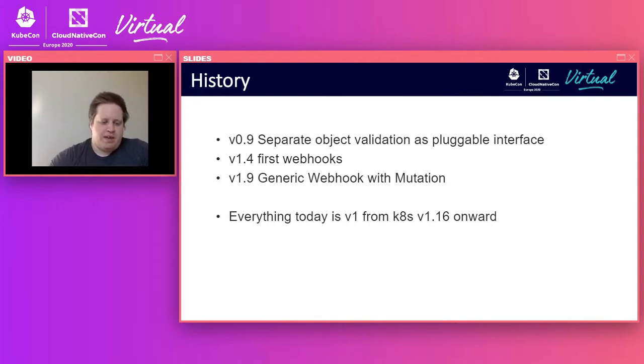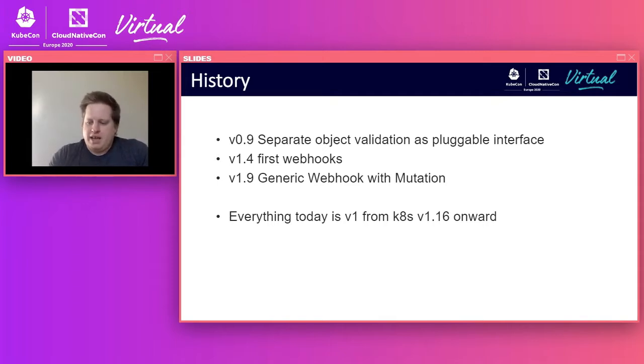And so into V1.9, we have the separation of both generic webhooks and mutation, and this allows configuration to look at any objects as well as a specific formalization of the ability to modify the objects as they come in.